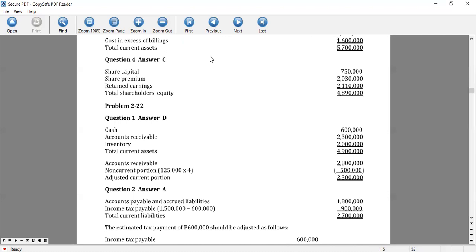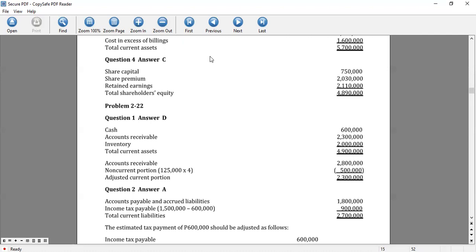So we have now the amount of the accounts receivable of 125,000 per quarter multiplied by 4 quarters in a year. So it's 500,000.